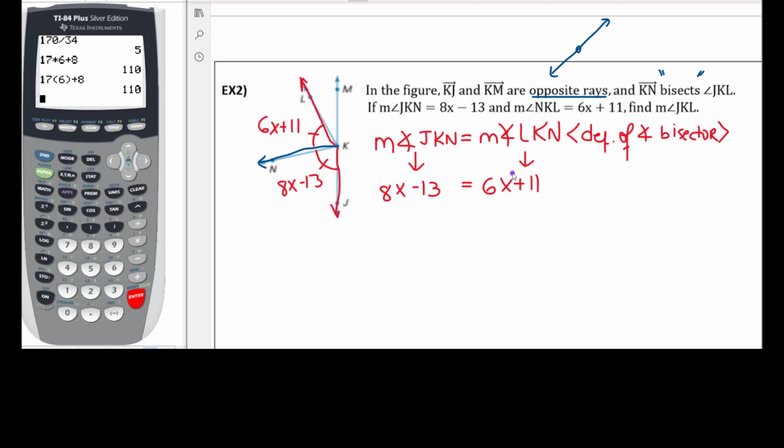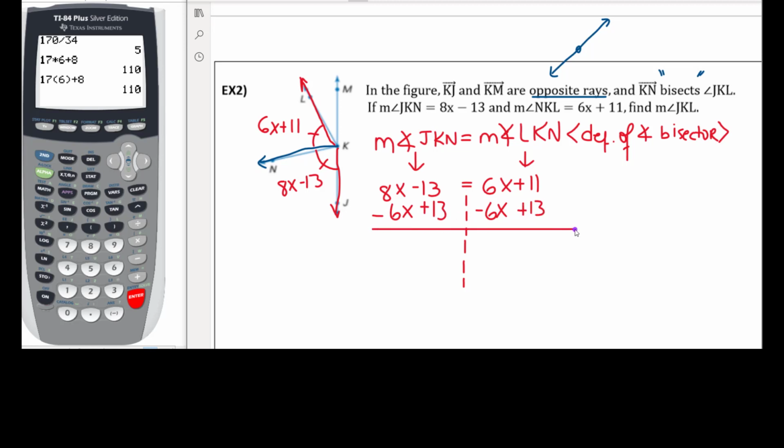Now we don't have any parentheses, so we skip the first step of solving equations. We cannot combine terms, so go ahead and skip the second step. The third step is to cancel the numbers. So this we can do. We're going to subtract 6x from both sides of the equation, as well as cancel the 13 and add 13 to both sides.